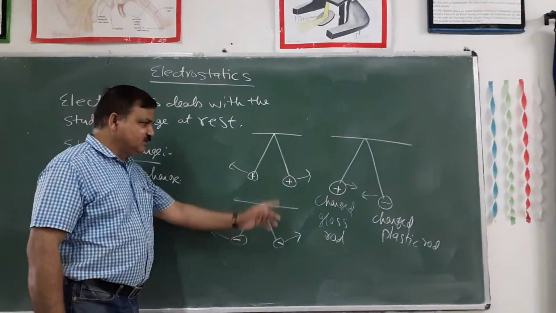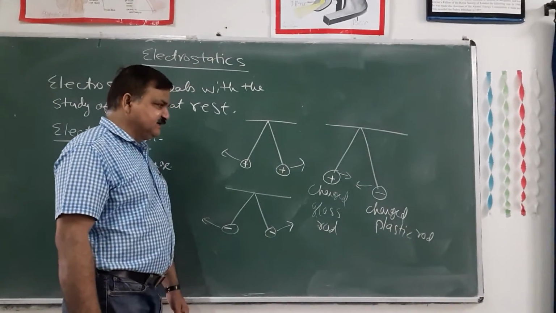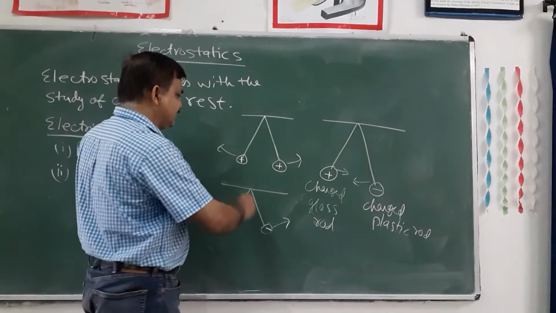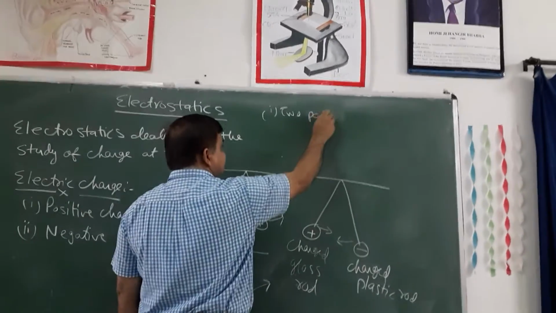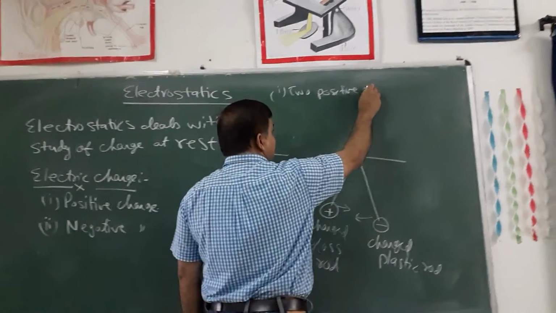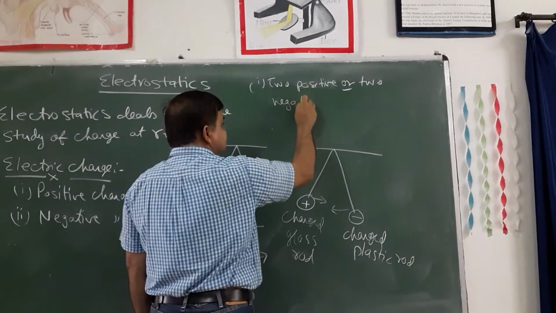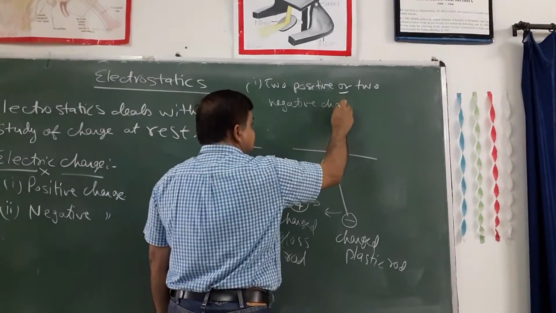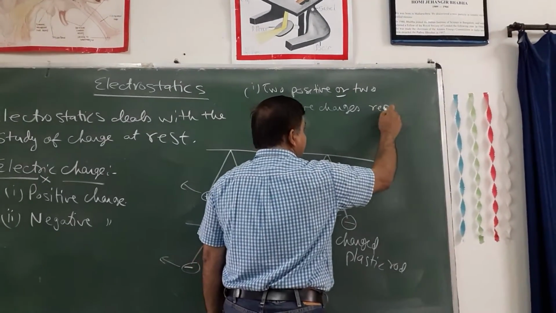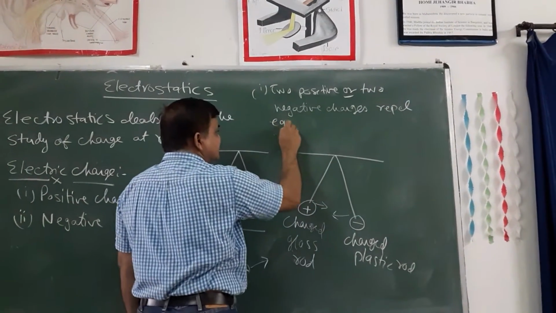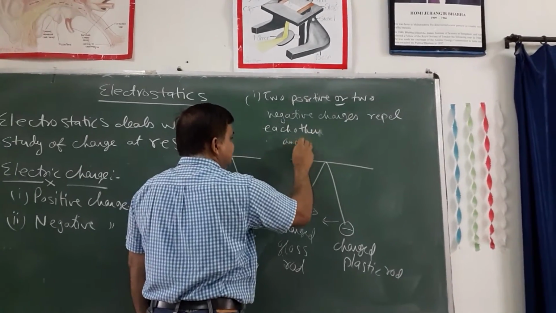From here, two properties of electric charge we develop. One, two positive or two negative charges repel each other, and vice versa.